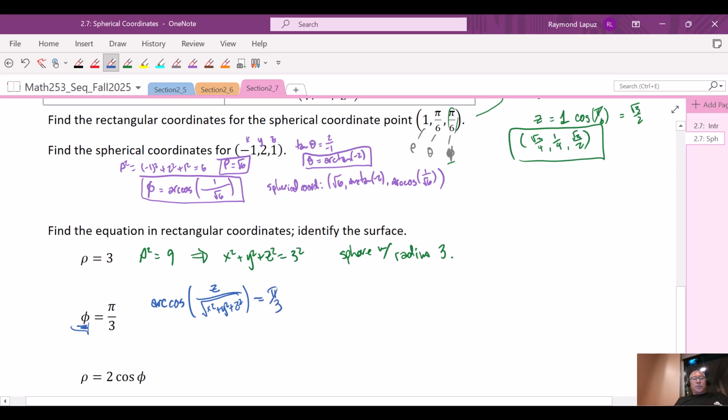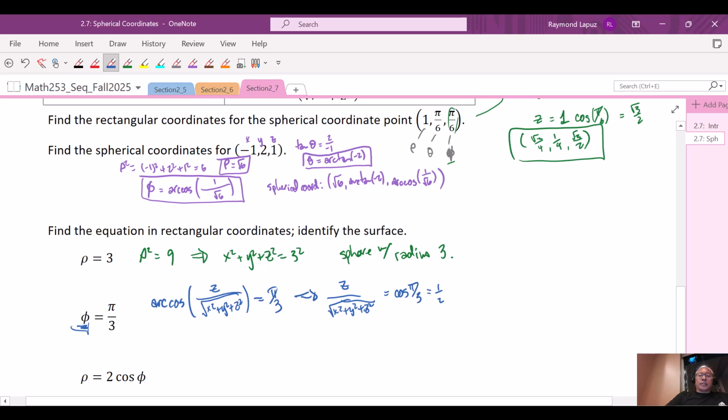Well, let's peel this through and see if we can get something out of this. Let's take the cosine of both sides. So we have z over the square root of x squared plus y squared plus z squared is equal to the cosine of pi over 3. And I believe the cosine of pi over 3 is 1/2. So let's just call this 1/2.